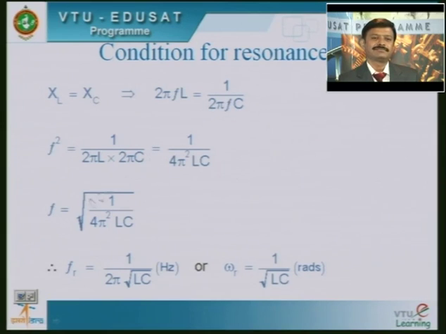Cross multiply, F square is equal to 1 by 2 pi L into 2 pi C. Its product will become 1 by 4 pi square LC. So finally, evaluating F, the resonating frequency that we want, is 1 by 2 pi root LC. We can express it in terms of omega r, in radians, as 1 by root LC.